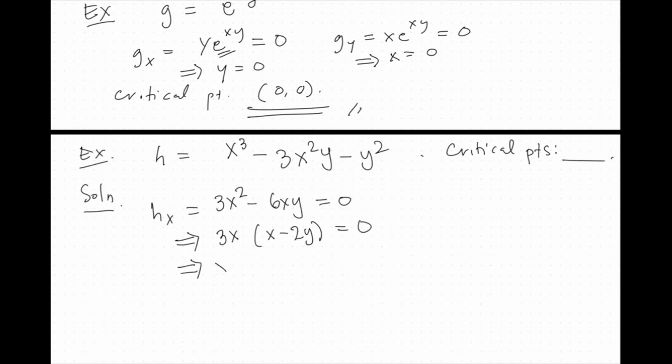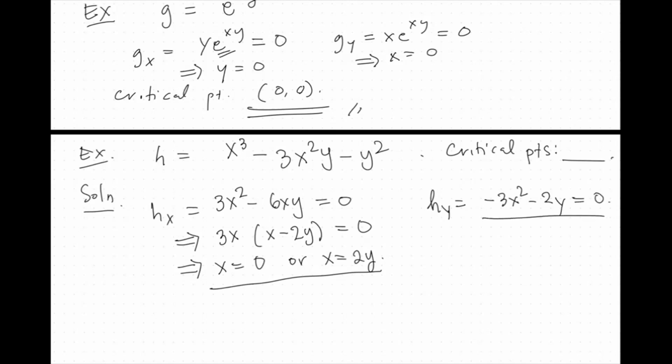This will imply that x is equal to 0 or x is equal to 2y. So we have two cases here. And also, if we get the partial derivative with respect to y, we get negative 3x squared minus 2y. Equating this to 0, we will use this later.